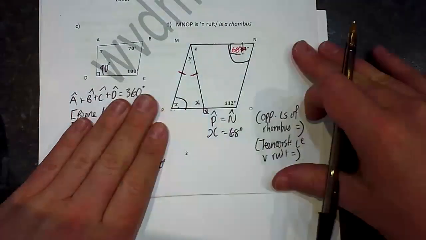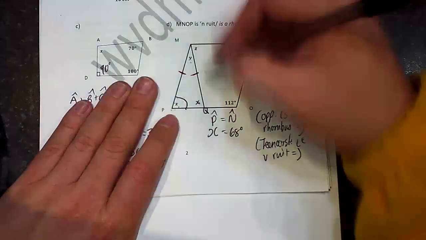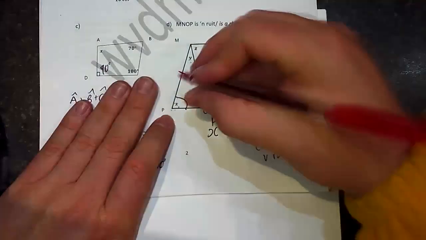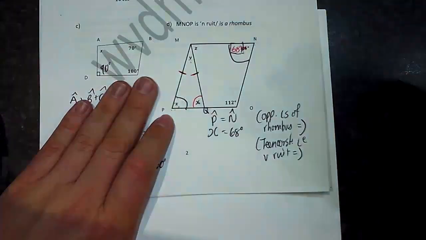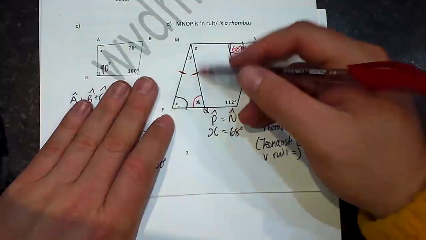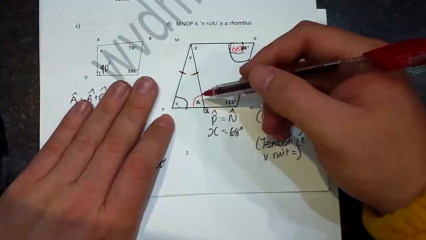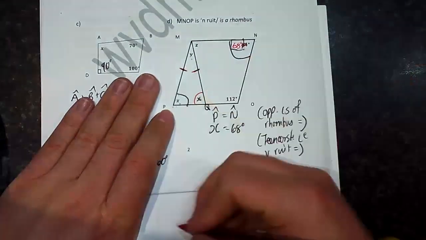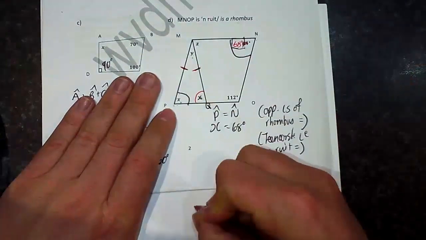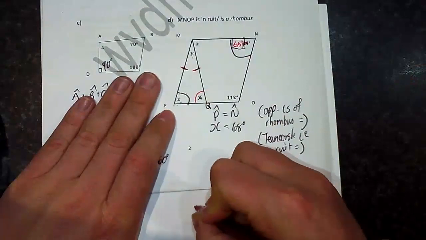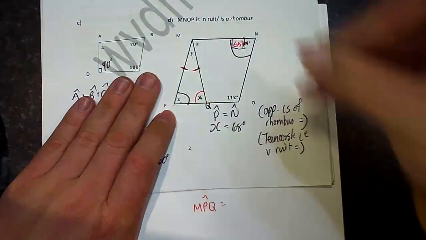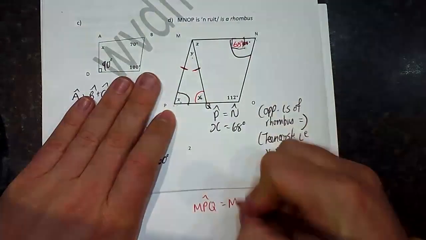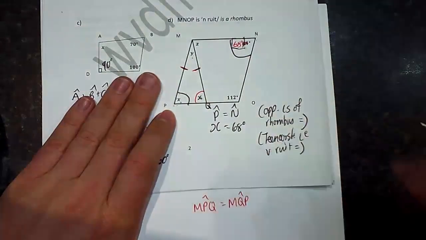Okay, so because those sides are equal length, what do we know about these angles? They are going to be equal size. Equal angles opposite equal sides. Okay. So let's say angle MPQ is equal to angle MQP. Why?